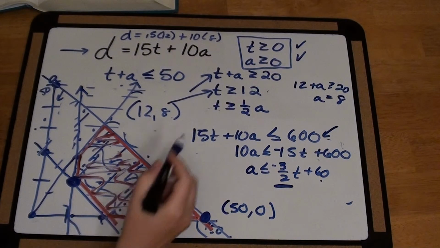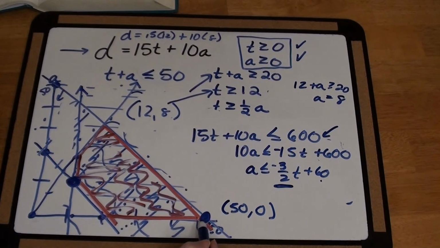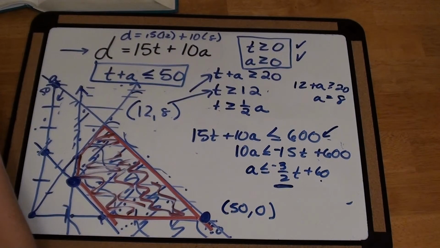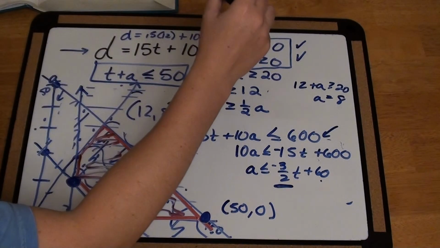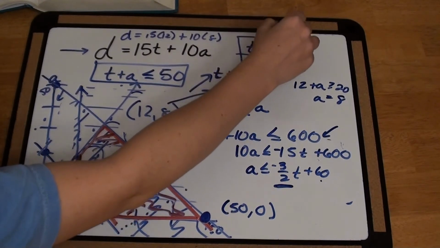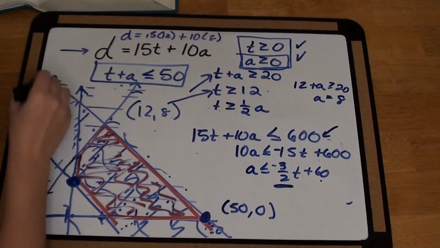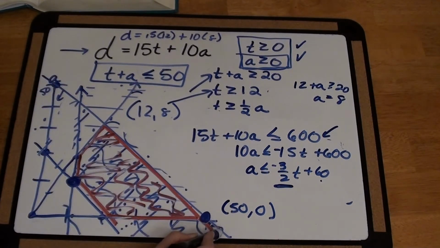Here we're looking at the intersection of two other lines. The intersection of this line, t plus a is less than or equal to 50, and also the intersection of a is greater than or equal to 0. So here's a is greater than or equal to 0. Here is t plus a is less than or equal to 50. This is the intersection. This would give us our biggest cost.